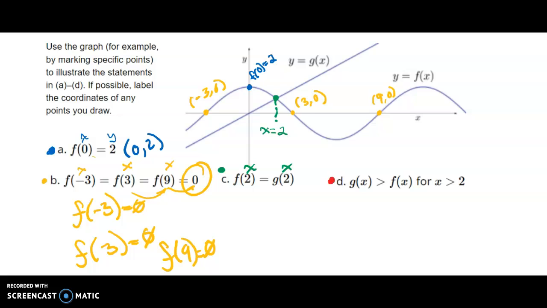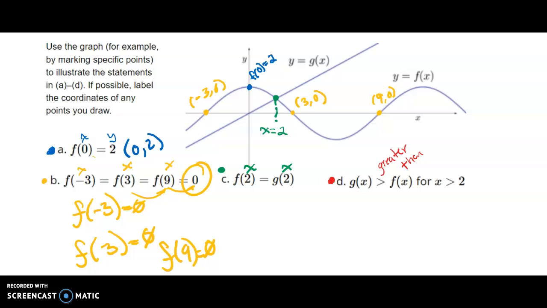Now for letter D. What this is stating is g of x, that function, so function g, is greater than, if you don't remember, that means this is greater than, f of x for when x is greater than 2. So we need to see where this is going to be greater than.